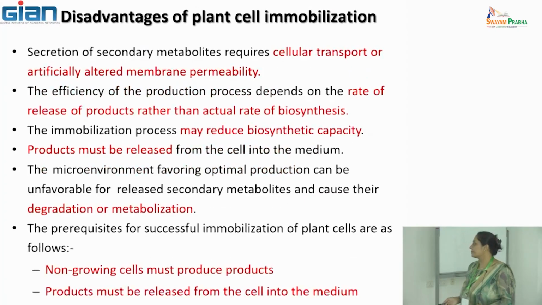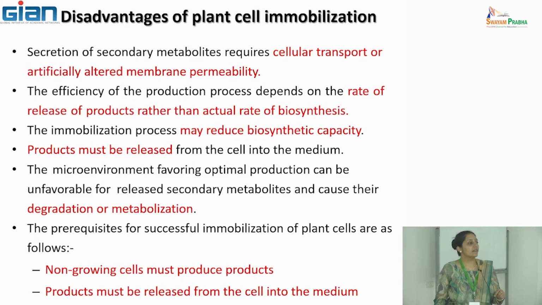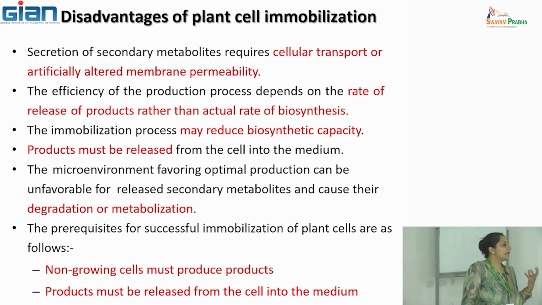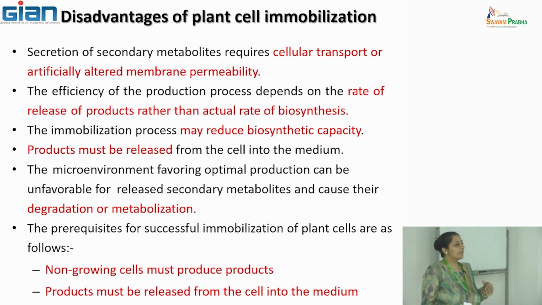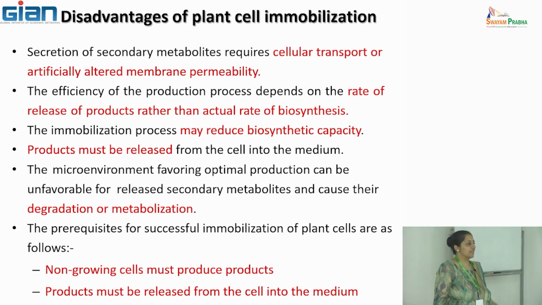There is no direct comparison between free cell suspensions and immobilized systems; their reactor designs are completely different. Sometimes what happens, because plant cells are relatively shear sensitive, immobilizing them is also an advantage to keep them away from the shear effects of the hydrodynamics present in the reactor systems.